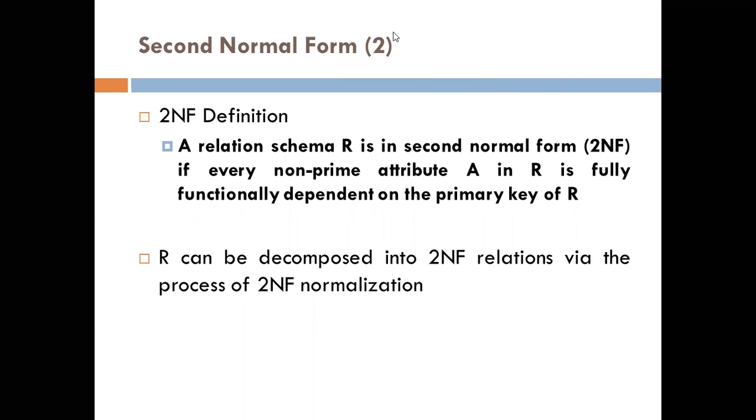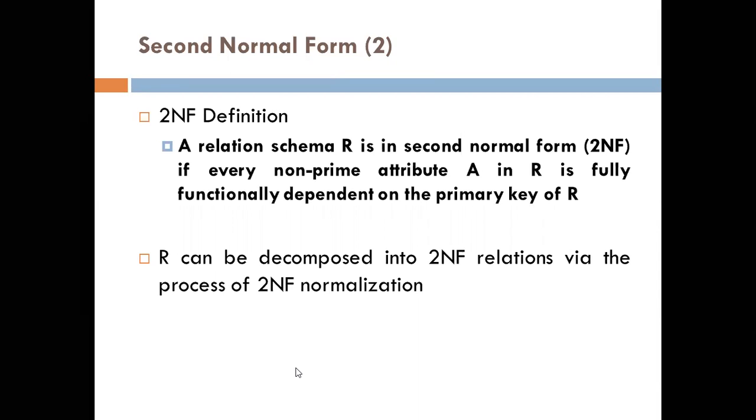A relational schema R is said to be in second normal form if every non-prime attribute is fully functionally dependent on a primary key of R. If 2NF is violated, then what we'll do? We'll just divide the table.